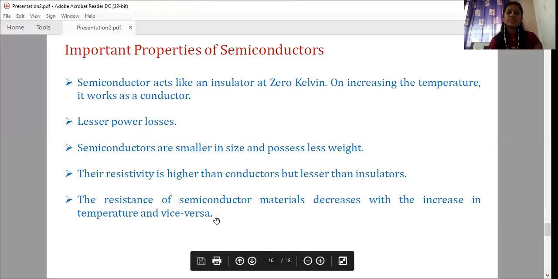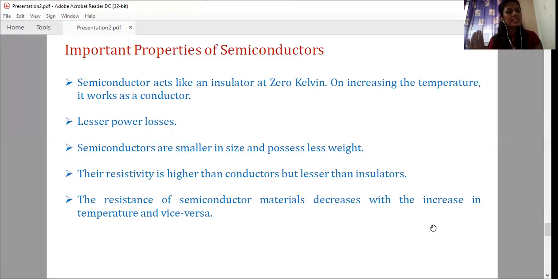The resistance of semiconductor material decreases with increasing temperature. This is vice versa: when we decrease the temperature, the resistivity increases, and when we increase the temperature, the resistance decreases.